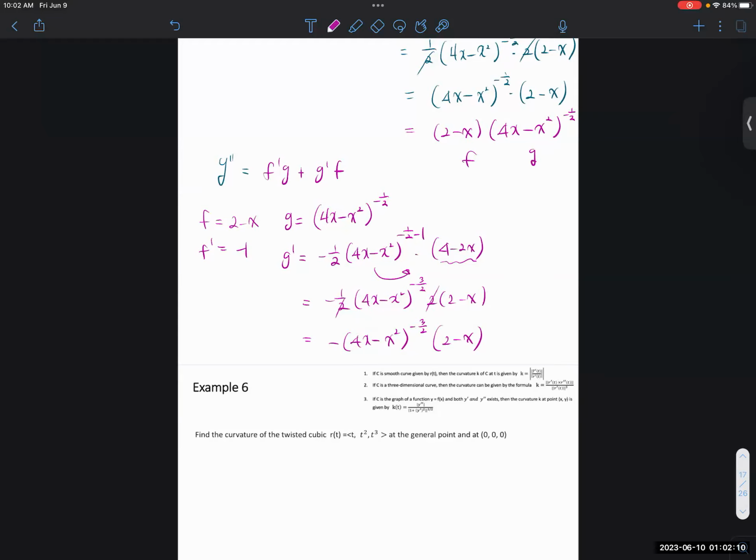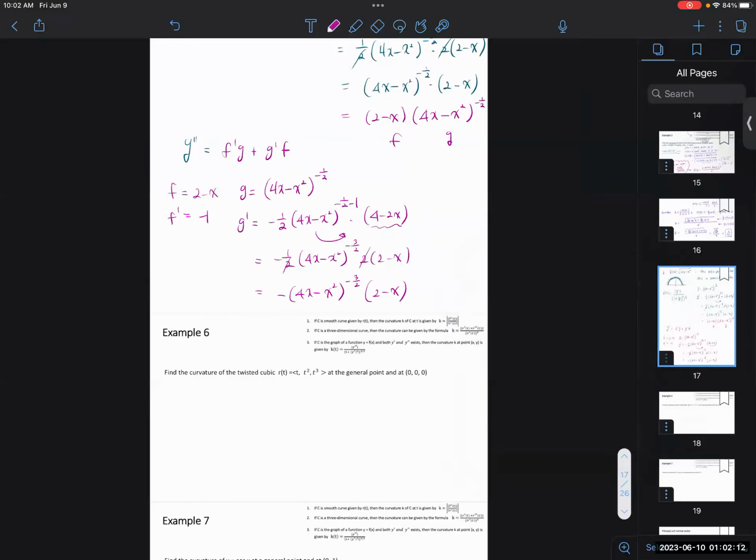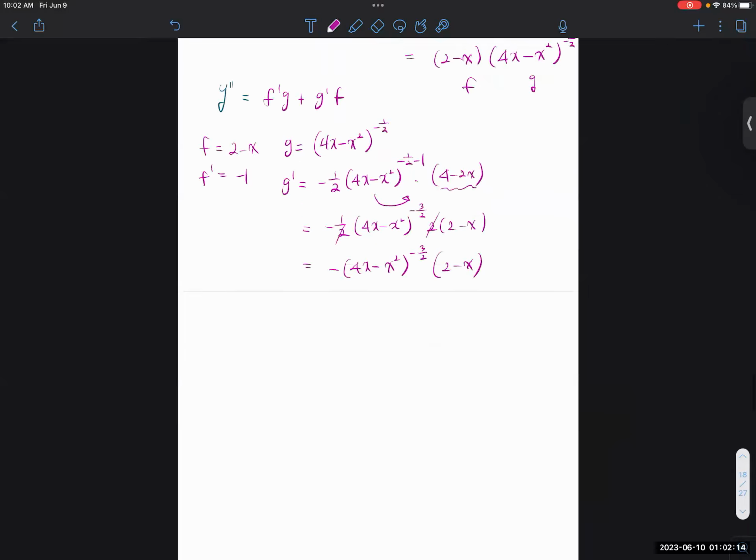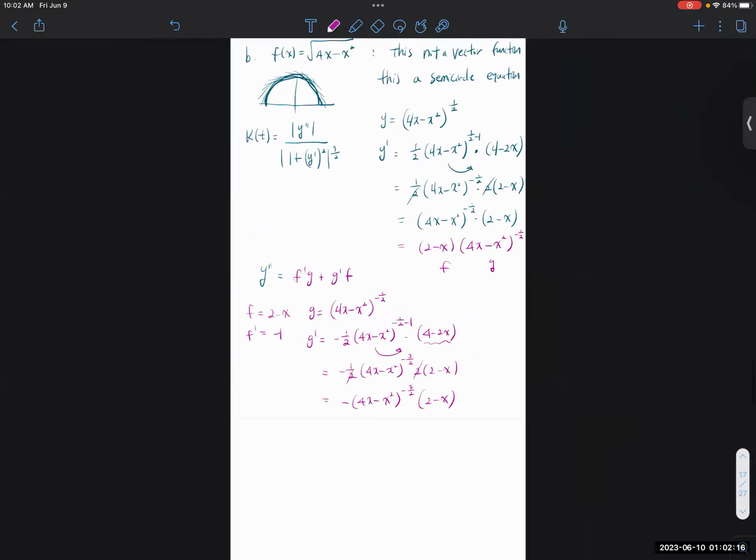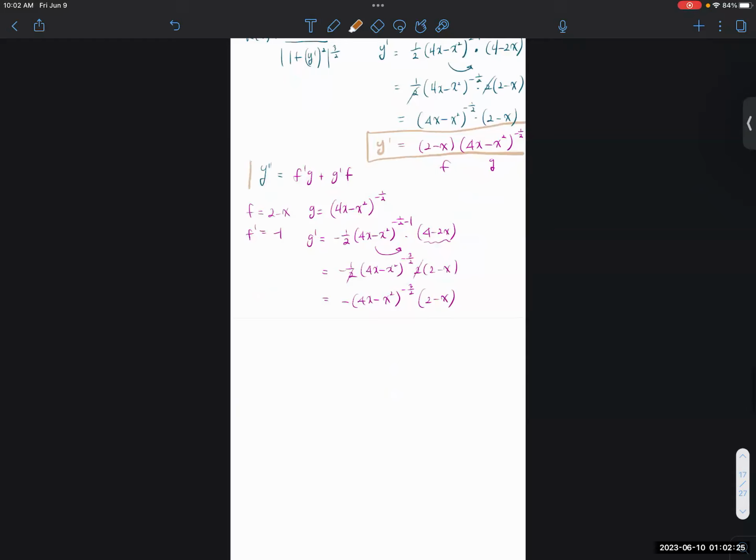Now let's find y double prime. I'm going to use the product rule. So watch me. This is y prime, and we're going to calculate y double prime using the product rule.